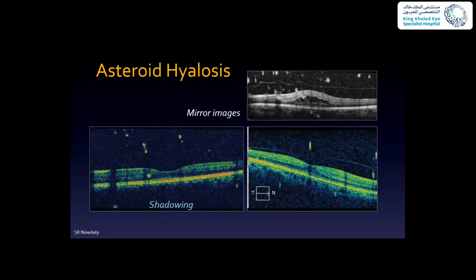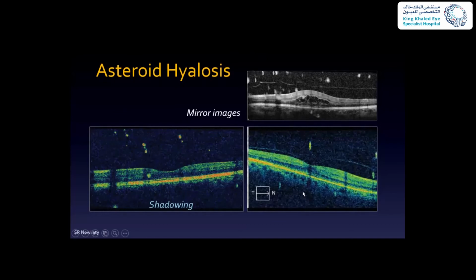And sometimes what happens is, let me put it this way: the operator basically tried to take an image of the retina, focused on the retina, which is what we should do. But because these structures are far anterior to the retina, the mirror image of these structures is going to be captured posteriorly.